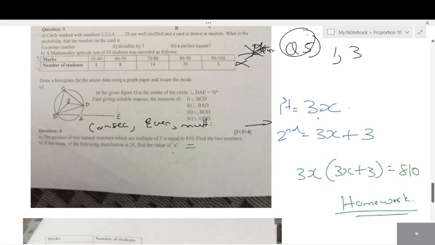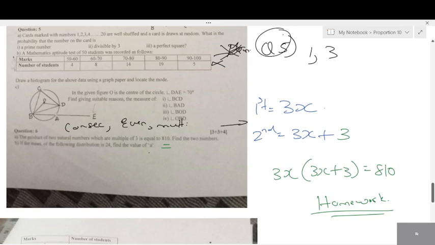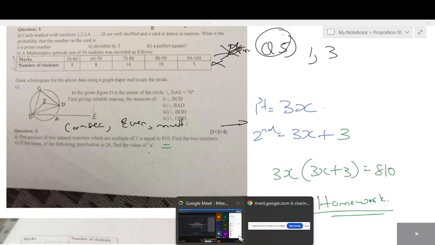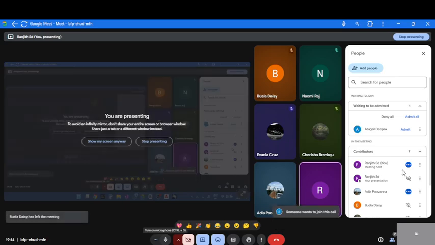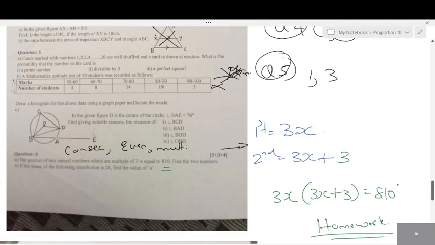Take down the statement: first number 3x, second number 3x plus 3. Done, completed.